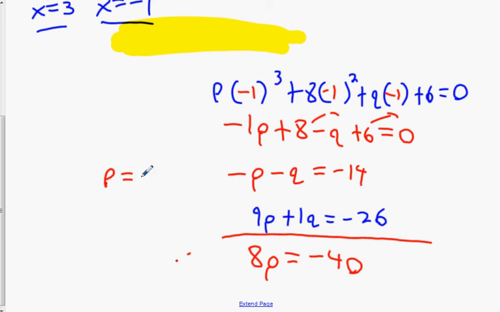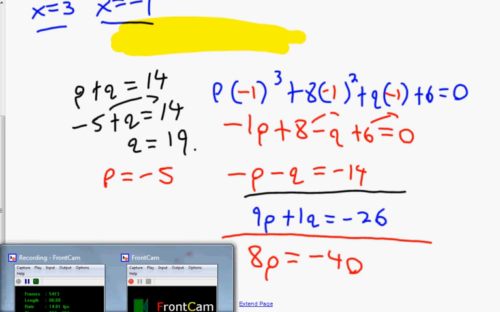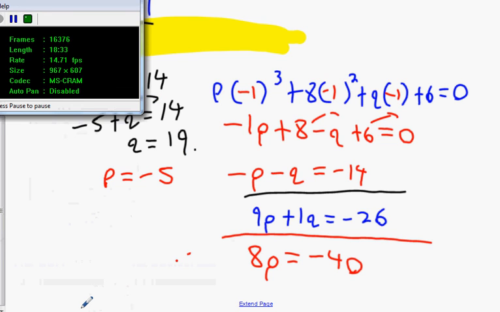P therefore will be minus 5. Now see this equation here, yeah? That's the same thing as p plus q equals 14. You happy enough with that? Why? Well, multiply both sides by minus 1. Alright. And then replace p with minus 5. And therefore q will have to equal 19. Okay. Alright guys. What was that?